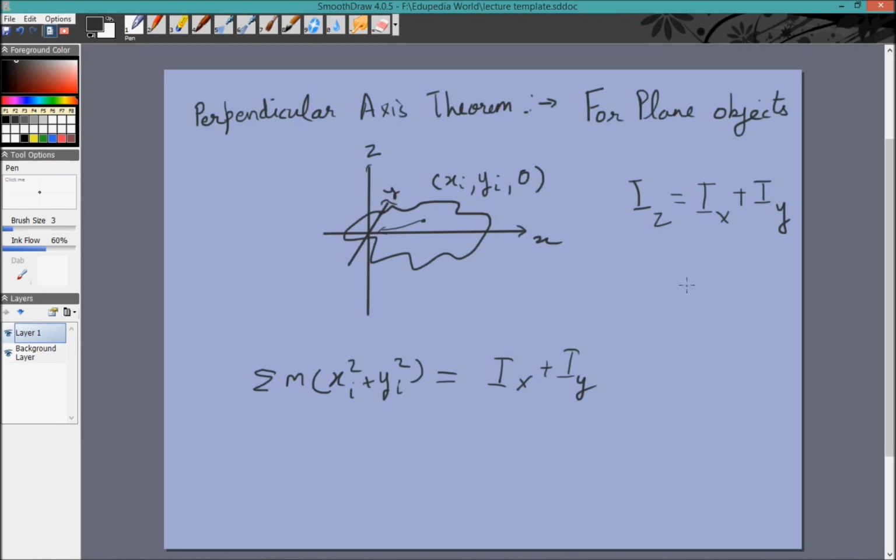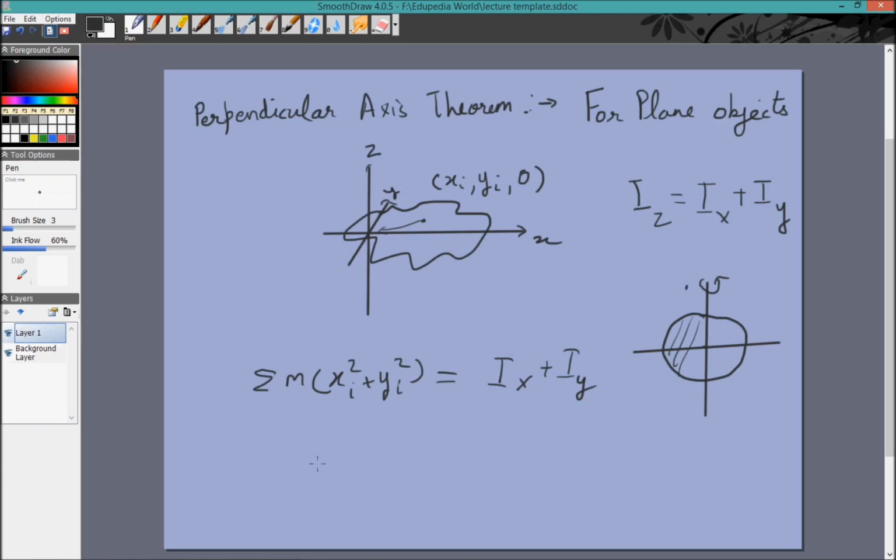So what can be a use of this? Let's say we are talking about a disk again. We know the moment of inertia about the axis perpendicular to the screen, that is mr squared by 2. What if we wanted to find out the moment of inertia about this axis that is in the plane of the screen? I'm rotating it like this. Well, we know that the disk is a plane object, right? And by symmetry we know that the moment of inertia about this axis and the moment of inertia about this axis have to be the same, right?